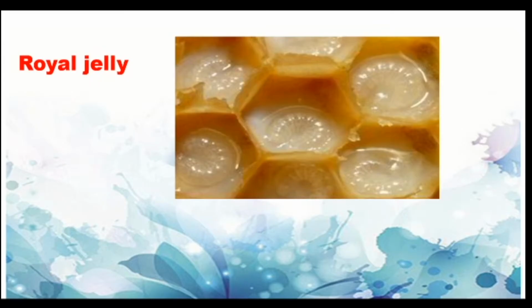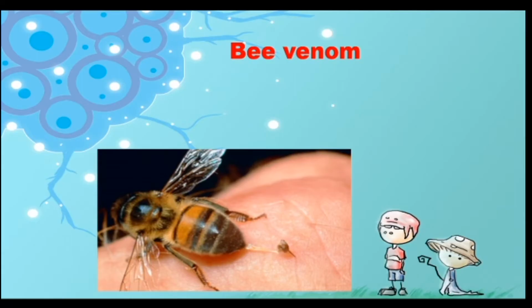Royal jelly is from the young larva, and seems to be like a jelly. This also has special medicinal characters. It is good for cold and cough. It's a good medicine. Bee venom: if we disturb the honeybee, what will happen?